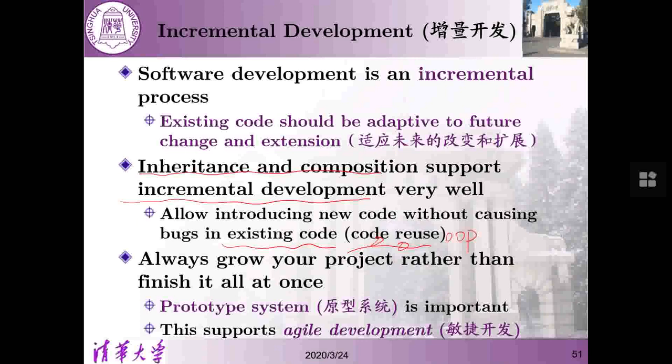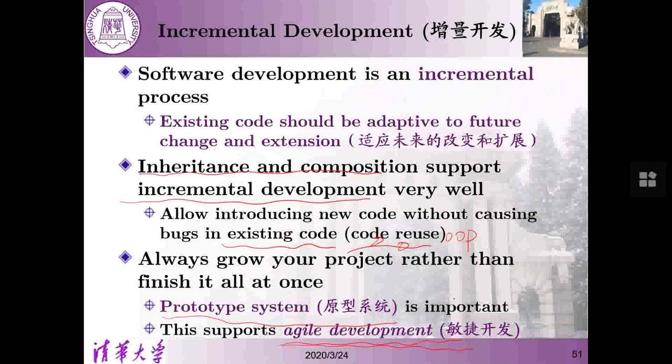By code reuse, we can incrementally develop our system. In this way, we can easily develop some prototype systems, and this also supports some kind of agile development. I don't want to mention too much about that. If you have interest, you can learn more by yourself.